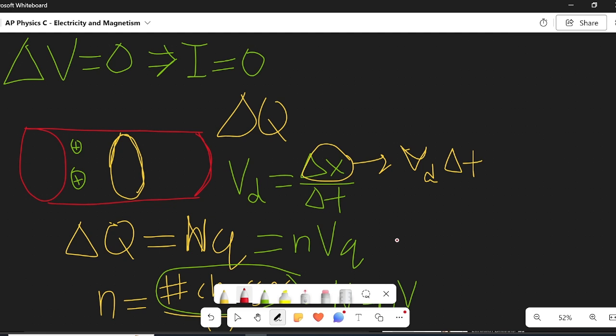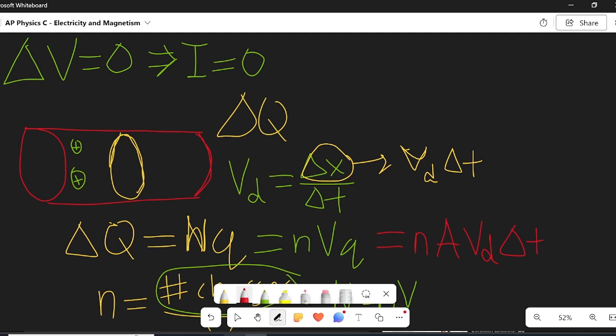So we can simply say this is equal to the number of charges multiplied by the area, denoted as A, multiplied by the drift velocity times delta t. This is what we derived for delta x.